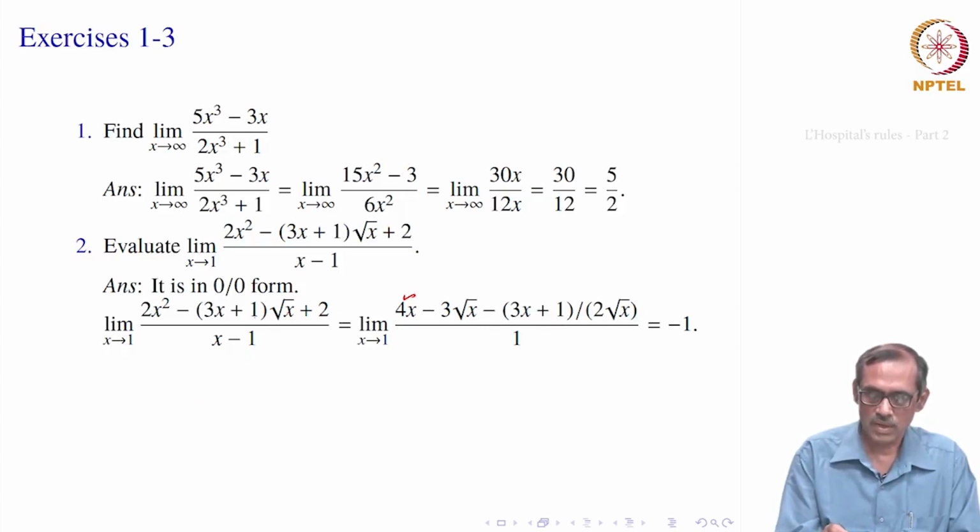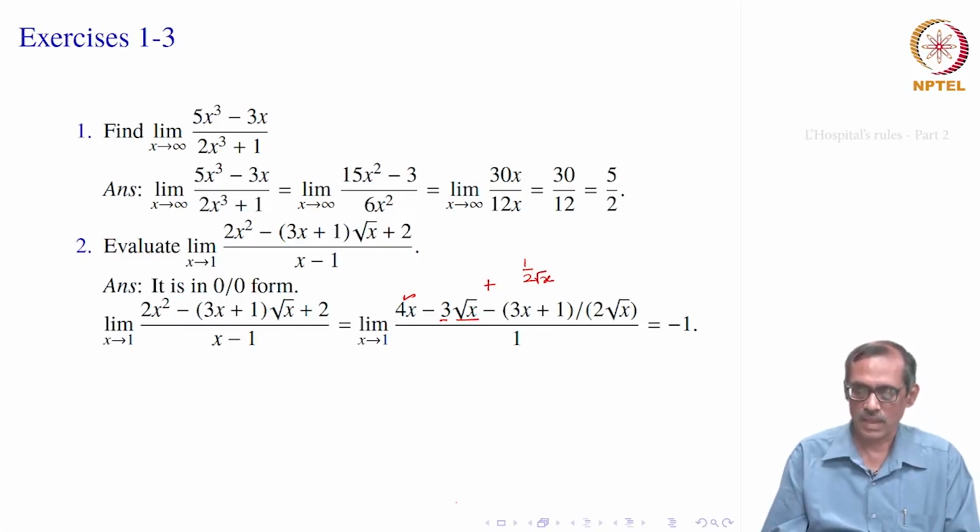So, it will be root x into derivative of 3x plus 1 which is 3, fine, minus derivative of it is minus, now it becomes plus and 3x plus 1 into derivative of root x which is x to the power half, it gives half root x in the denominator, fine.